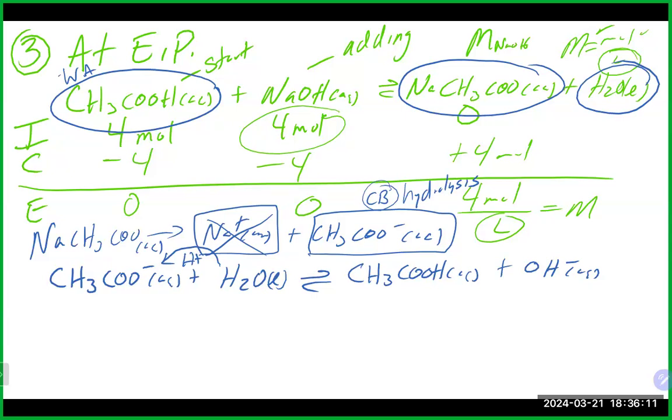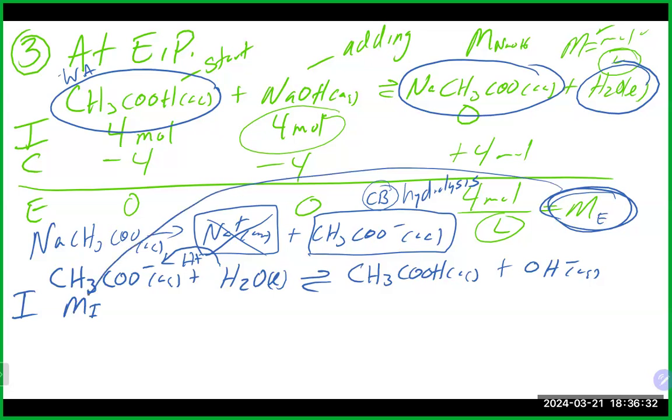We're going to do an ICE table at this point, and this is why it does need to be in molarity, because if you don't have it in molarity and you go into this ICE table, you will end up probably with the wrong answer. So again, just flop it back to molarity. This equilibrium guy here is going to become my initial here. So this guy is going to go right on into there.